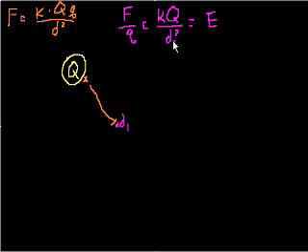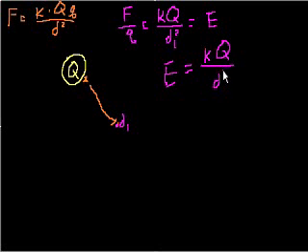So instead of having a particular distance, we'll define the field for all distances away from the point Q. So the electric field could be defined as Coulomb's constant times the charge creating the field divided by the distance squared, the distance we are away from the charge. So essentially we've defined it so that if you give me a point around this charge anywhere, I can now tell you the exact force.